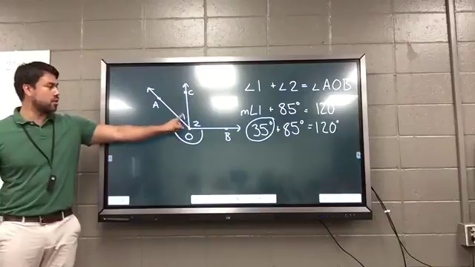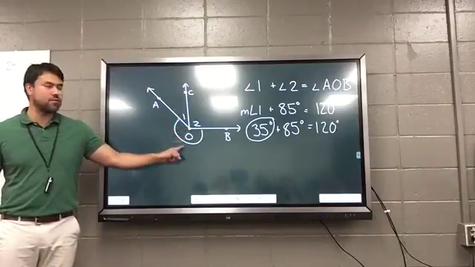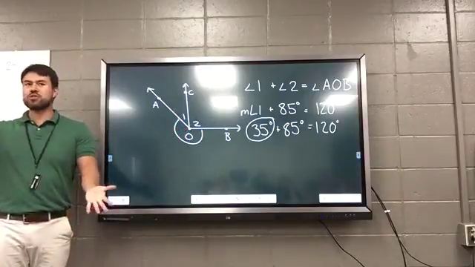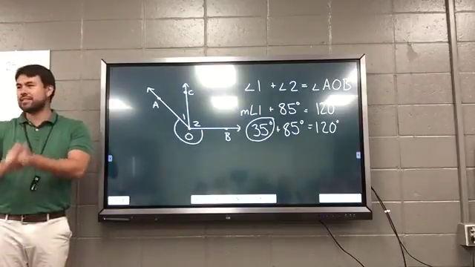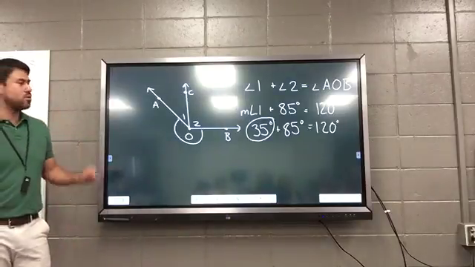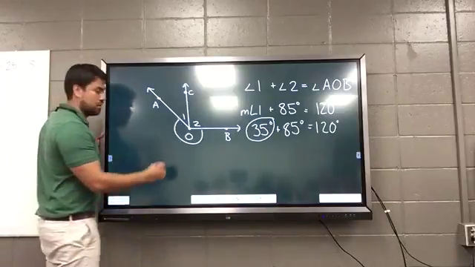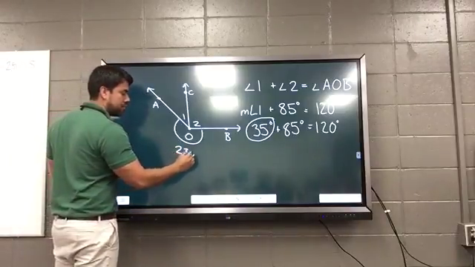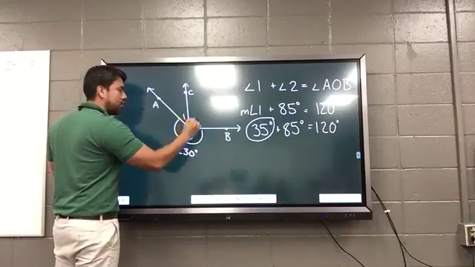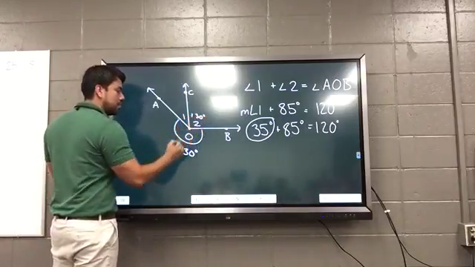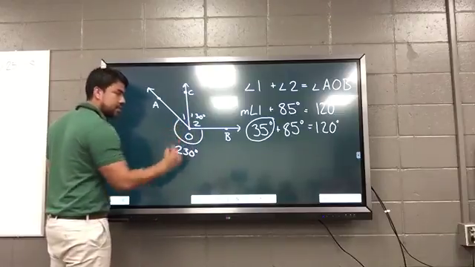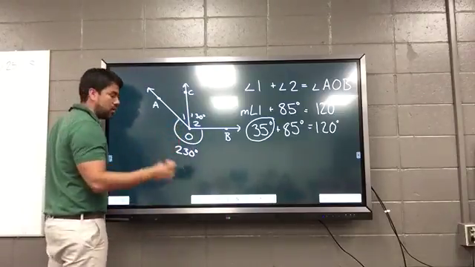What special number am I looking for, AOB plus the reflex angle? Say it. 360 degrees. Cole, what'd you get? 230. What was the measure of angle AOB? 130. Is 130 plus 230 360? That has to work.